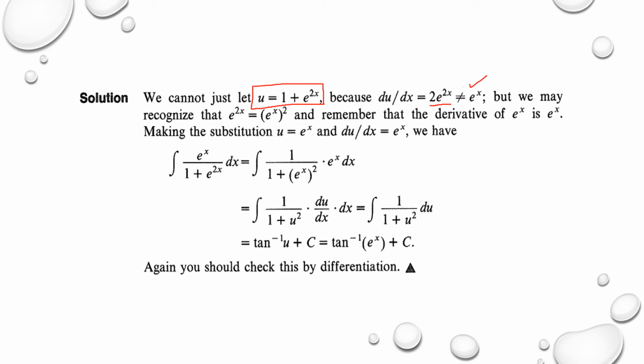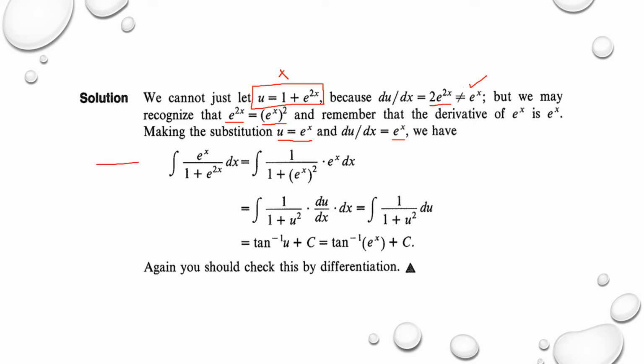So we will not select u as 1 plus e raised power 2x. But we know that e raised power 2x can be written as (e raised power x) whole square. And if we take u as e raised power x, then definitely its derivative is also e raised power x.